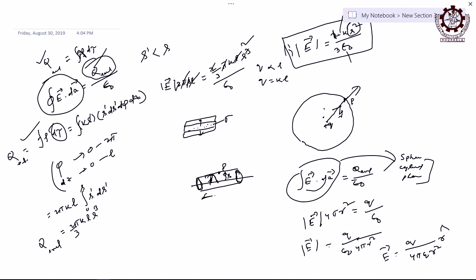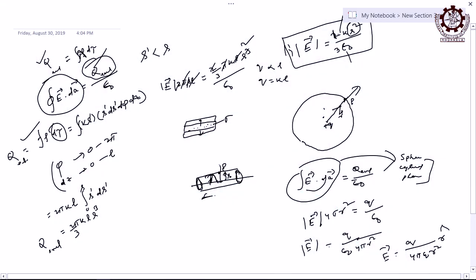So, now you know the intensity magnitude, but what about the direction? One more thing, if you are considering this cylinder as the Gaussian surface, is it having only a curved surface or does it also have two sides? Obviously, it is there, it should be closed, otherwise it cannot be closed, right. So, if you take here the positive charge distribution, E will be in this direction. What will be in this direction? Automatically 0. Therefore, these two areas will cancel, because the field is perpendicular to these areas.